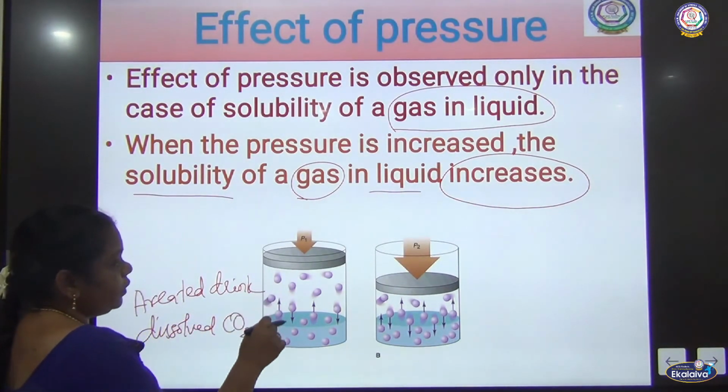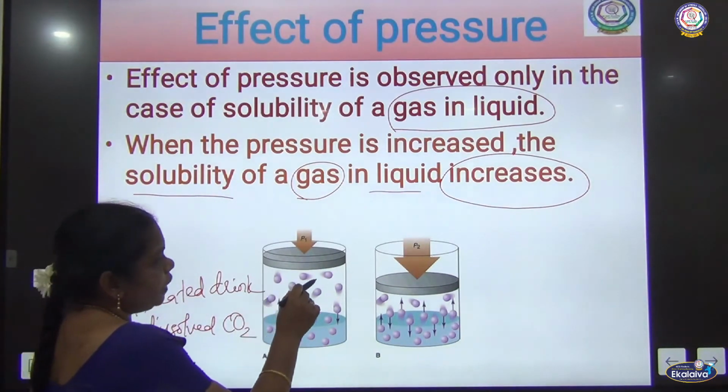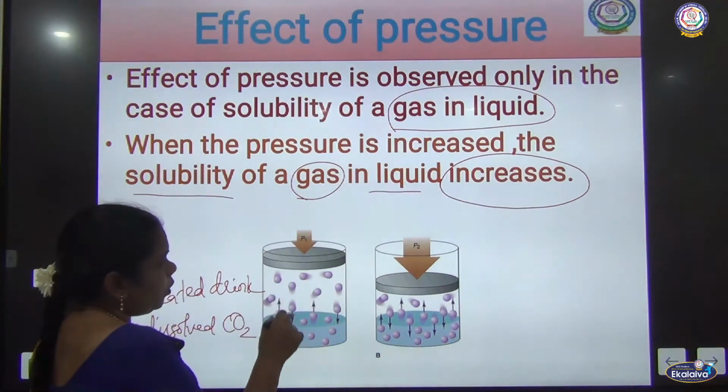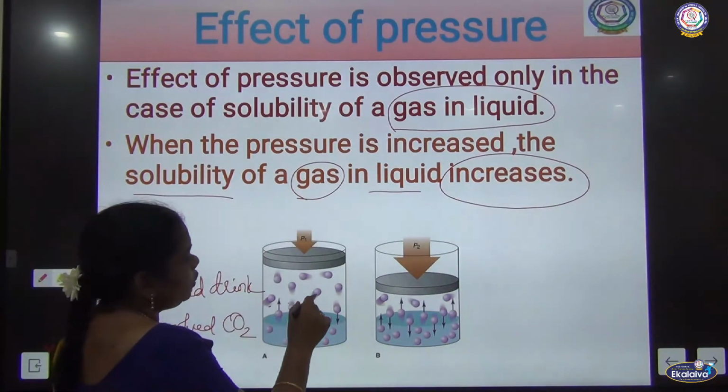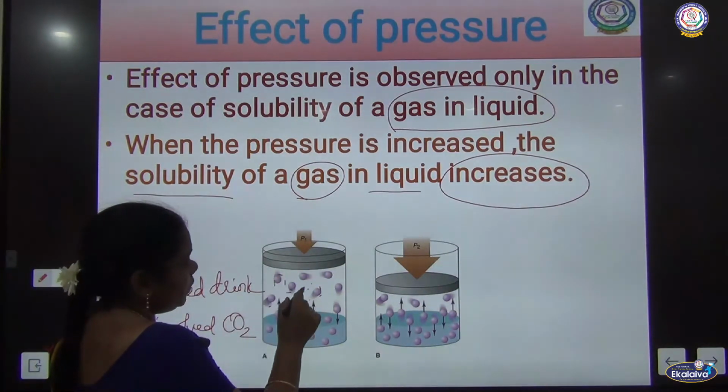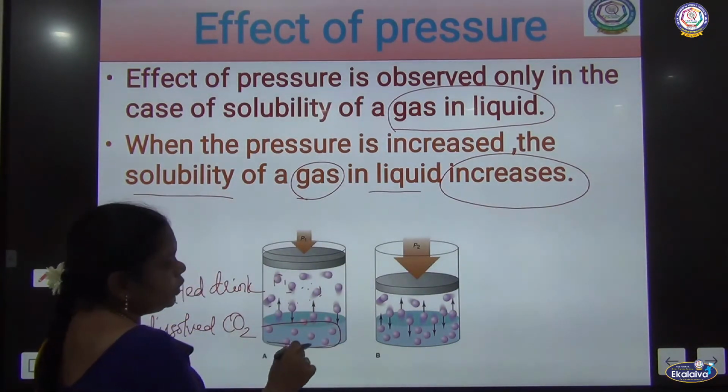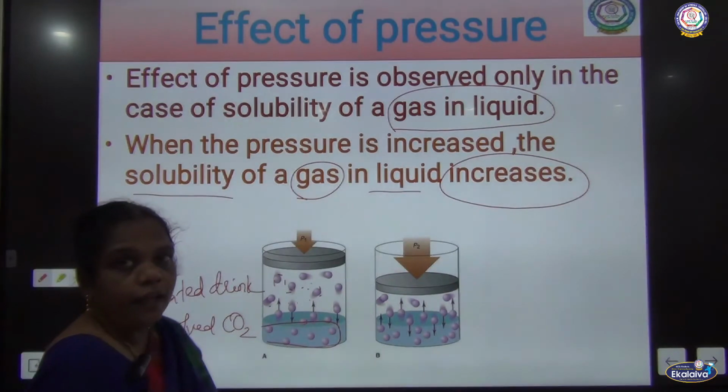If the pressure is very low, the molecules occupy the empty space, and only a small amount of molecules are present in the liquid.